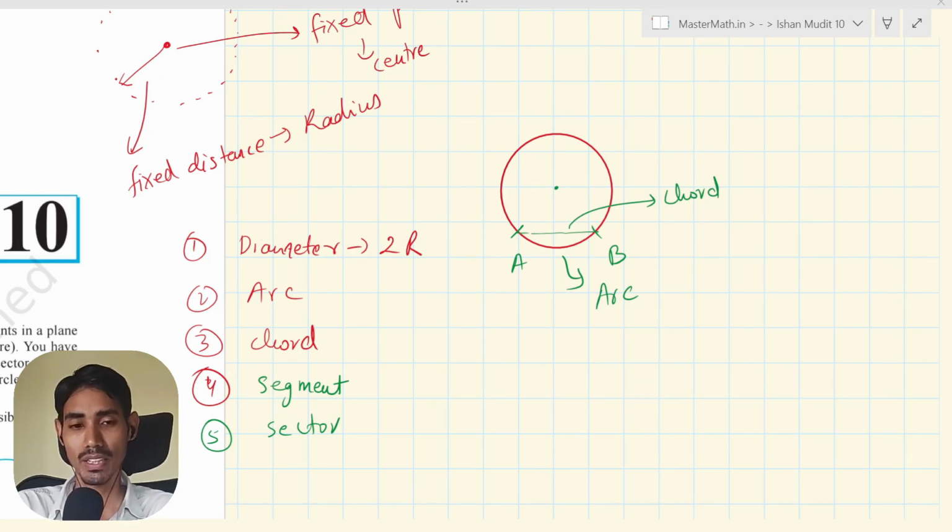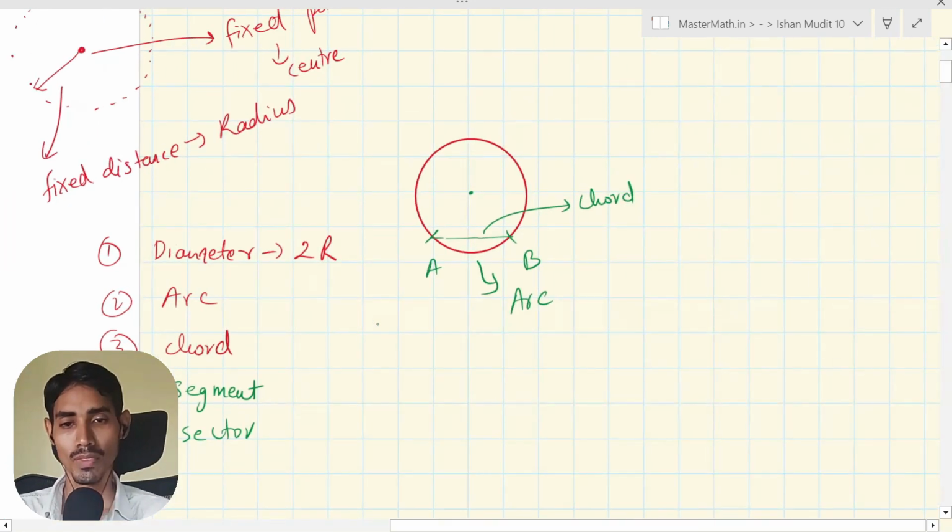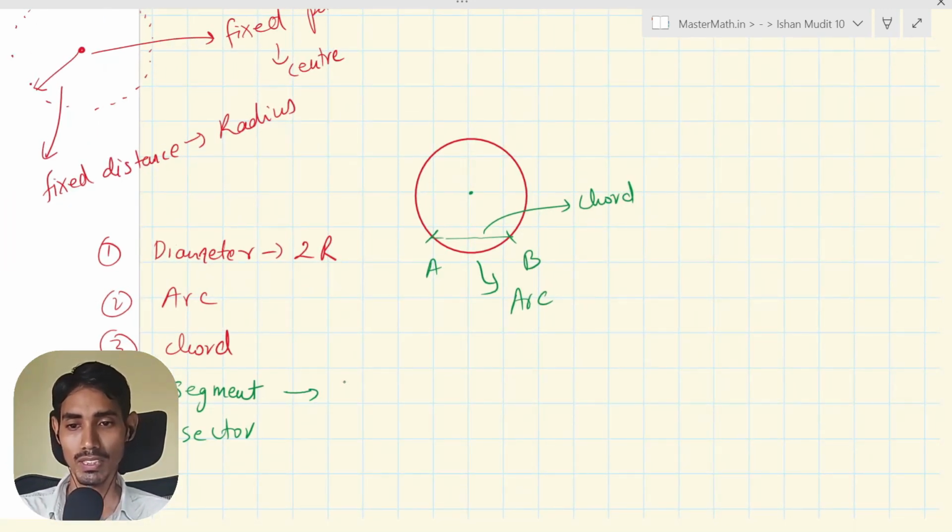Okay, the area between the chord and the circumference. So the arc and chord, the area lying between these two things would be the segment. Mudit, you wanted to answer this, or was that something else? Okay. So segment is between arc and chord.